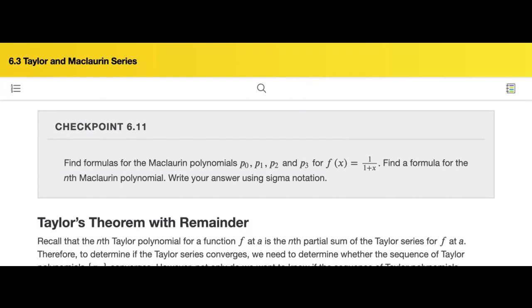Remember, we can also use a geometric series to represent this.